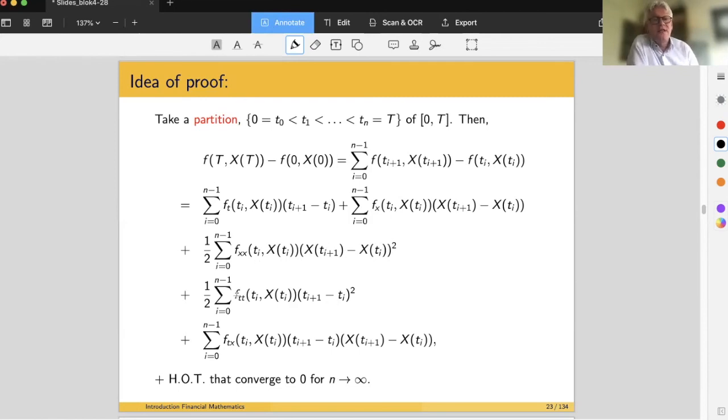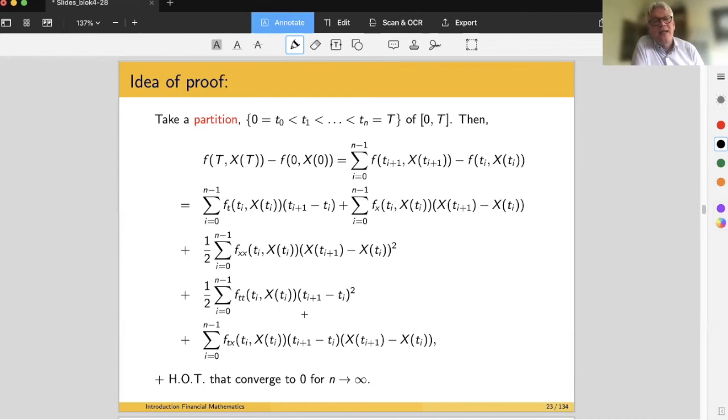That is in the x direction; then in the t direction, plus 1/2 the second derivative of f with respect to t times the distance in the t dimension squared, (t(i+1) minus ti) squared, plus the mixed term, 2 times 1/2 of the mixed term makes the mixed derivative d²f/dx dt times (t(i+1) minus ti) times (x(t(i+1)) minus x(ti)), plus any higher order terms that will converge to 0 when n tends to infinity.